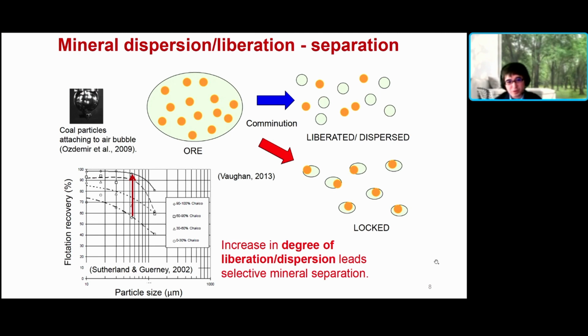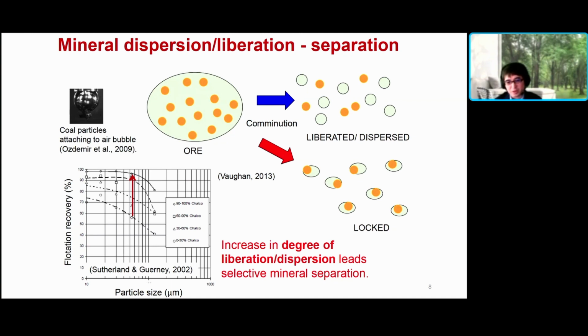In addition to particle size, what we want is good dispersion and liberation of the different minerals after the size reduction of the ore. Once we have the ore from the mining site, we want to reduce the size to fit the specific size range required for the separation methods.